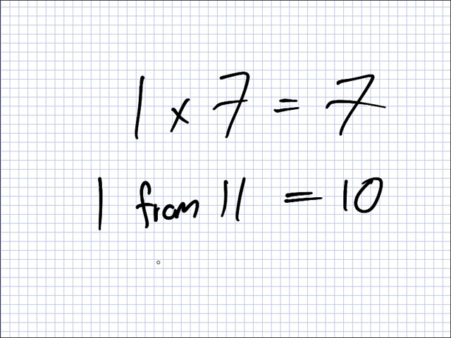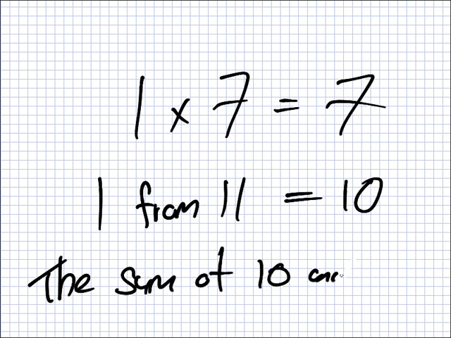9 over 3. 3. 13 minus 1. 12. The sum of 10 and 3. What does that mean? 13. The sum of 10 and 3 is 13. 2 into 4.